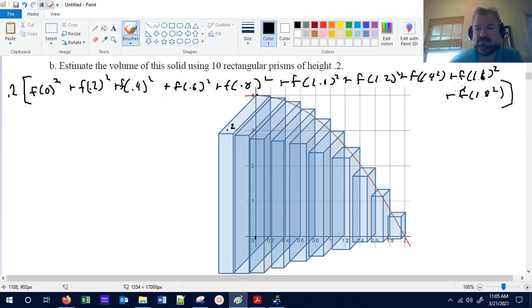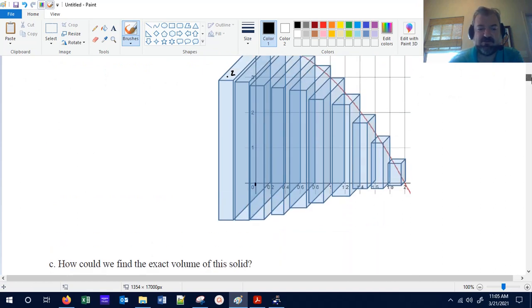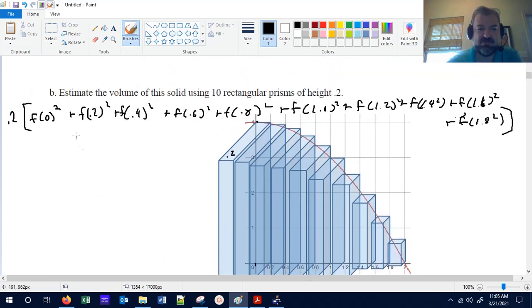So my question is, how could we get an even better approximation? So that's, how could we find the exact volume of this? And I want to talk about how I would do that, but I want to look at this. Well, this is our change in our x values. It's the height of each one of our prisms, right? These are the bases, the capital B area are bases, and these are our heights.